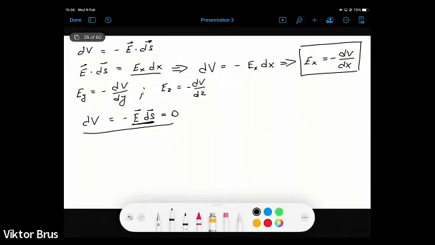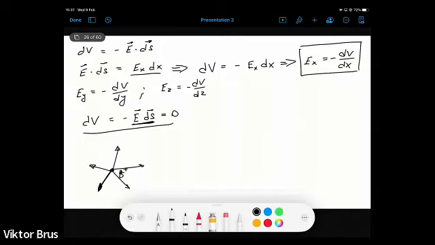So coming back to our example with a point charge, some positive point charge, we know that the electric field vector is radially going out. We can talk also about electric field lines, so that would be probably more descriptive.